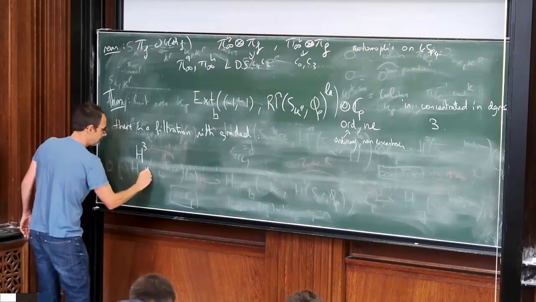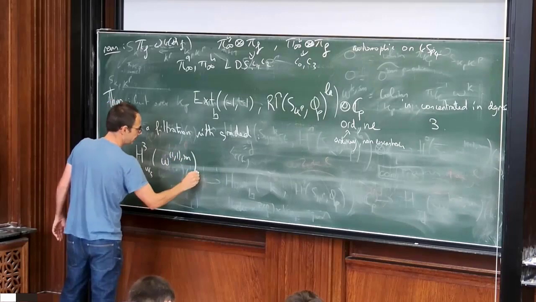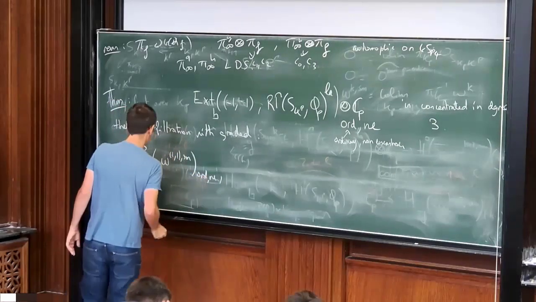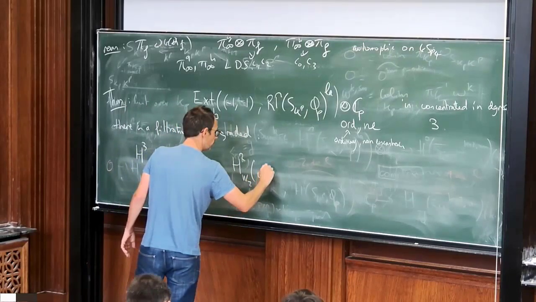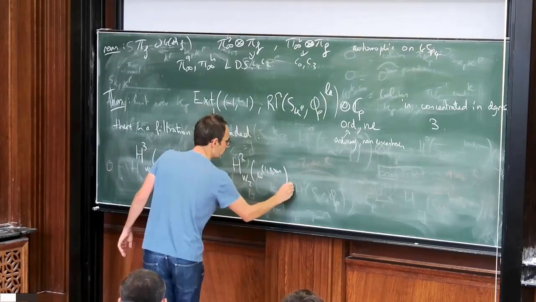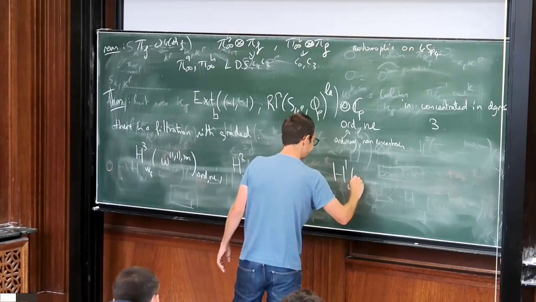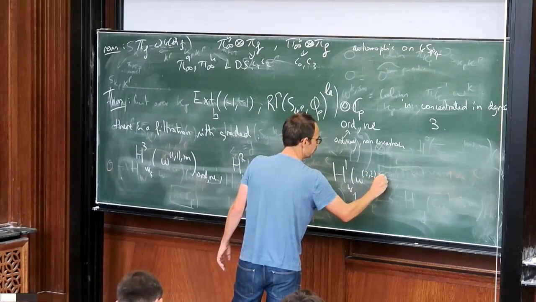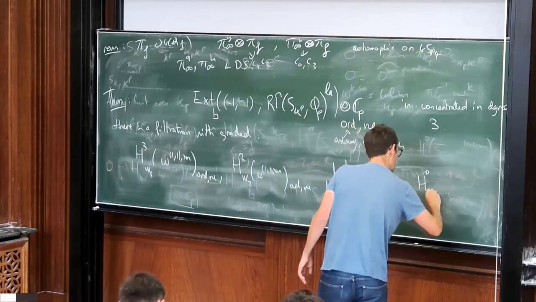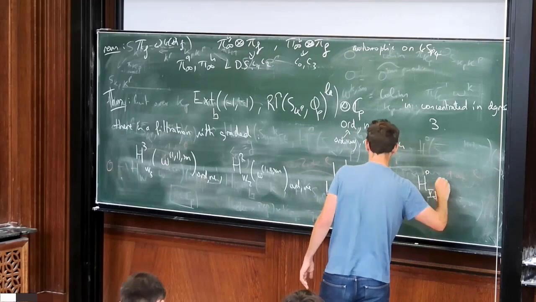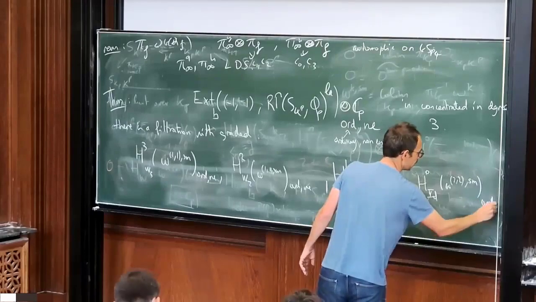You have H^3 of omega^(1,1) smooth, ordinary, non-Eisenstein; H^2 of omega^(1,1) smooth, ordinary, non-Eisenstein; H^1 of omega^(2,2) smooth, ordinary, non-Eisenstein; and H^0 of omega^(2,2) smooth, ordinary, and non-Eisenstein.